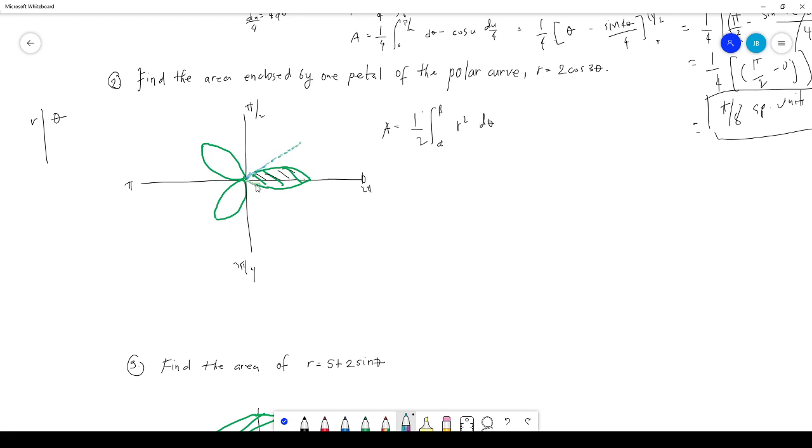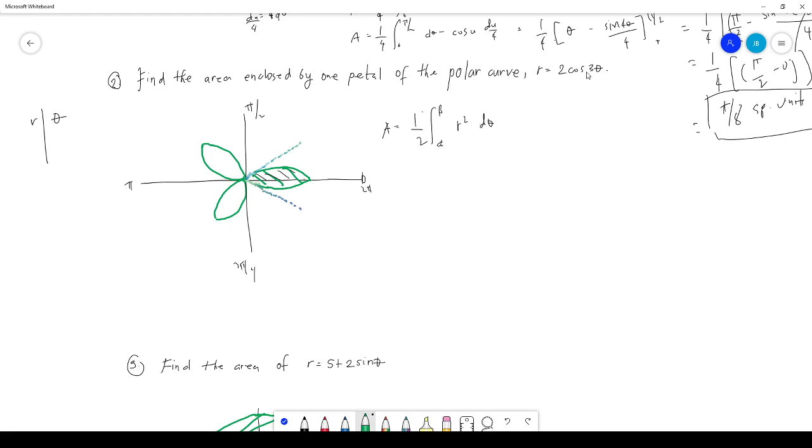So it's kind of complicated, right, to find the limits of this curve, or petal rather. So how do we do that? How are we going to find it?